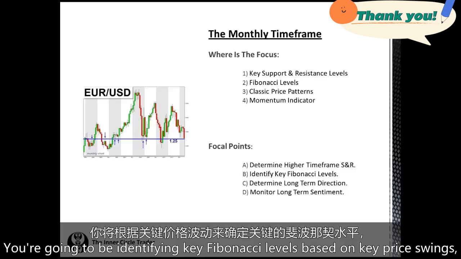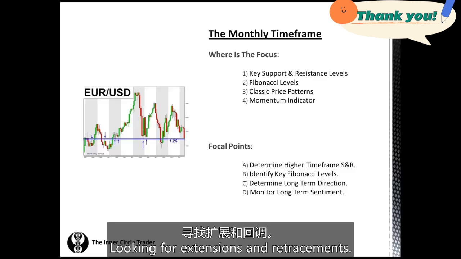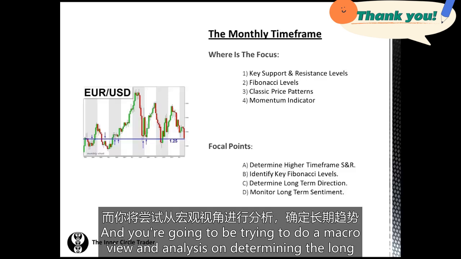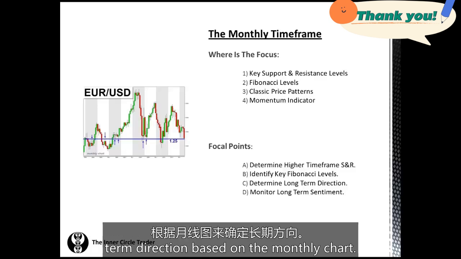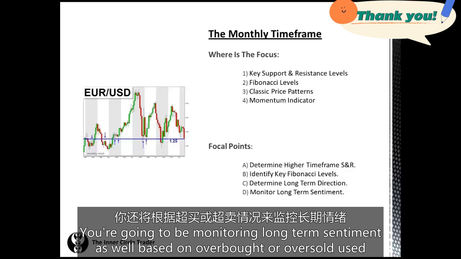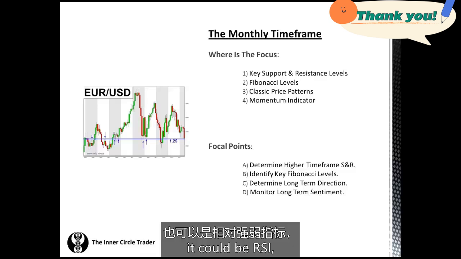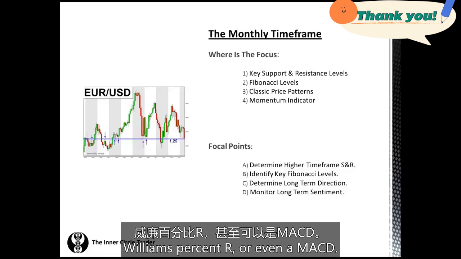You're going to be identifying key Fibonacci levels based on key price swings higher and low, looking for extensions and retracements, and you're going to be really trying to do a macro view and analysis on determining the long-term direction based on the monthly chart. You're going to be monitoring long-term sentiment as well based on overbought, oversold used in your momentum indicator. Again, it could be stochastic, it could be RSI, Williams percent R, or even a MACD.